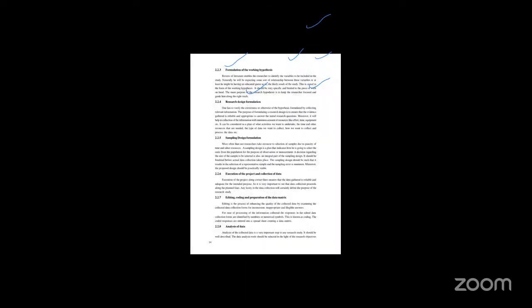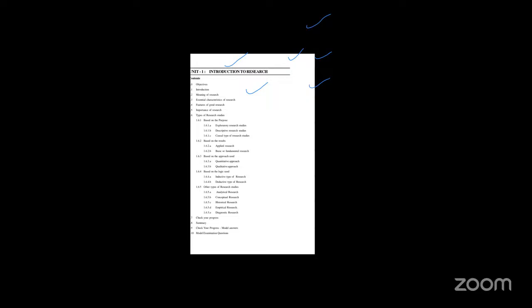What does cross-sectional studies mean? Have you ever heard about this? Cross-sectional studies? When we say a cross-sectional study, here the sample size is fixed.